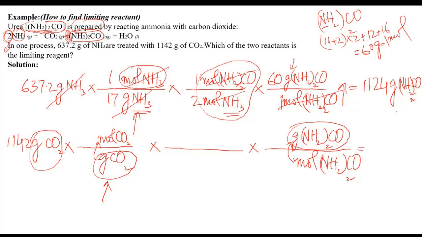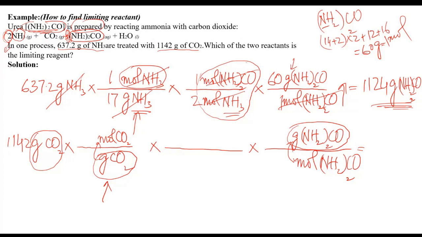In limiting reactant problems, in both cases you have to calculate the same product, whatever is given. Clear? So here you have calculated urea by using this ammonia. Now you will calculate again urea by using this carbon dioxide.